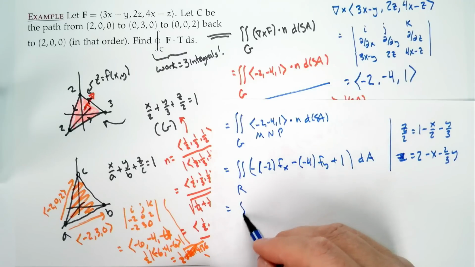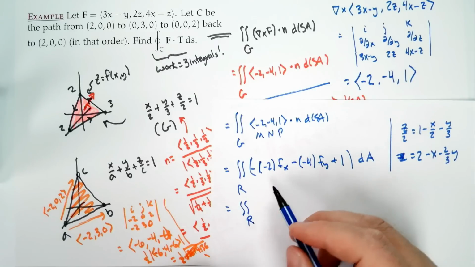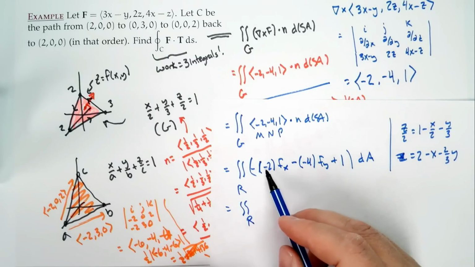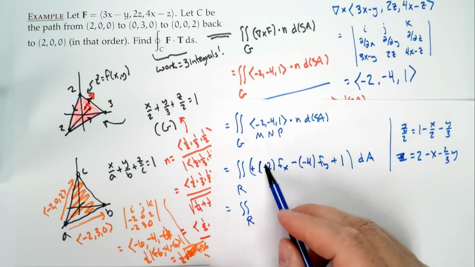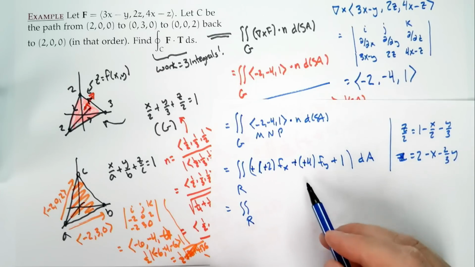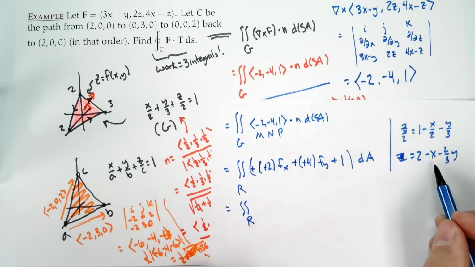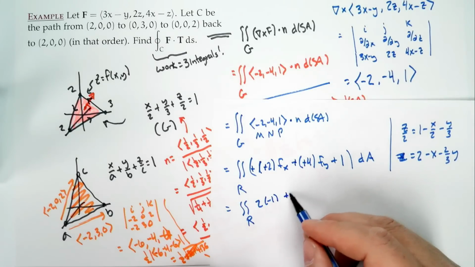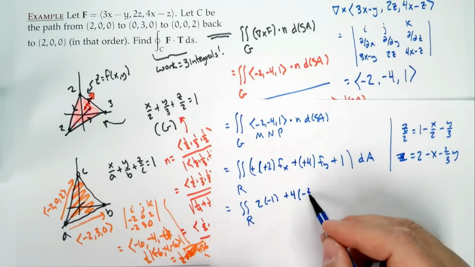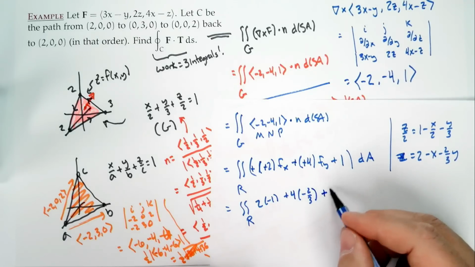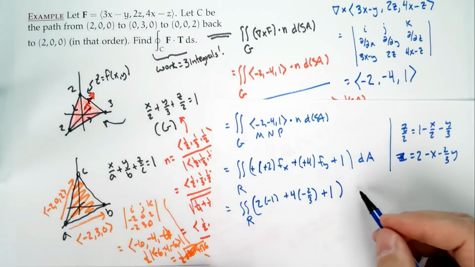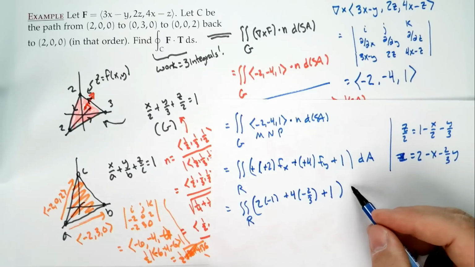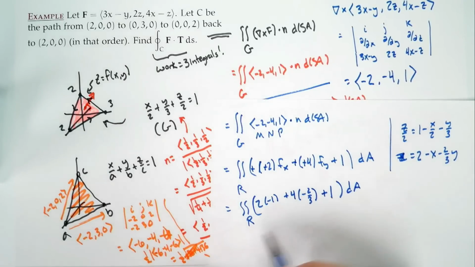So that becomes the integral over the region of -2 times -2, sorry, -2 plus 2, minus makes plus. So 2 times f sub x, well, 2 times -1, plus 4 times f sub y, -2/3, plus 1. And now, what do we have? Well, what we have here is we have numbers.